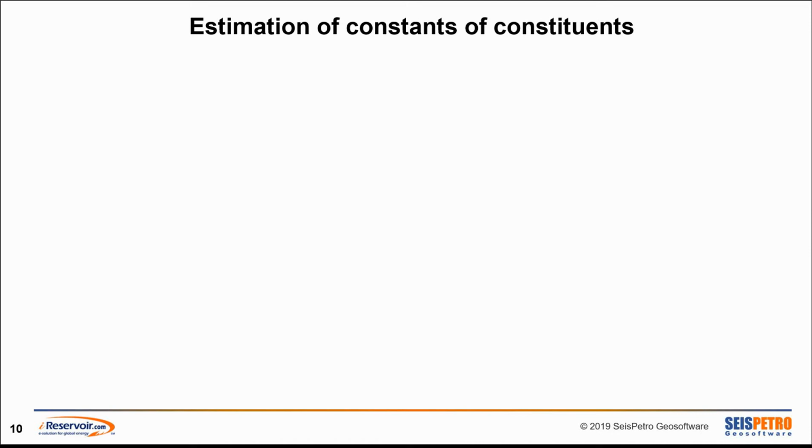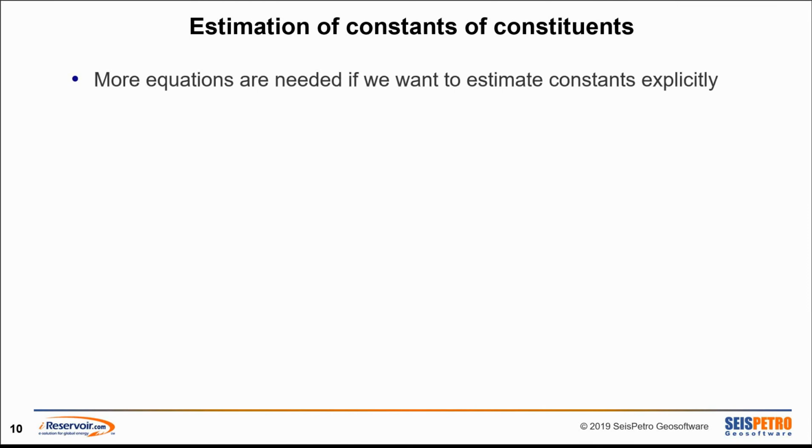So the problem of estimating the constants of these constituents becomes now our central problem. The difficulty is that if we want to do that, it cannot be by bringing more log data because we're already using all we have. But we know that we need more equations, we need more logs, so we need some additional information if we want to estimate these new constants explicitly.